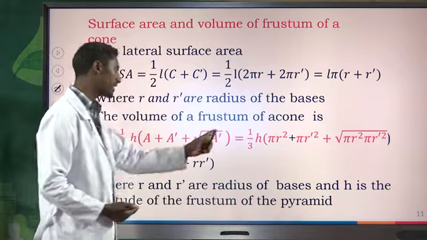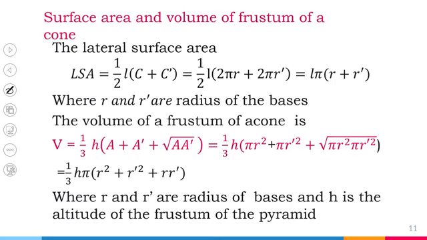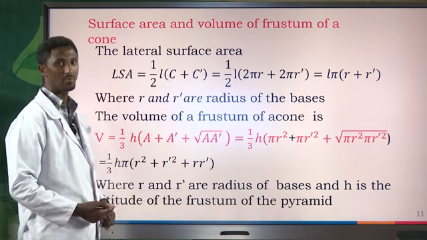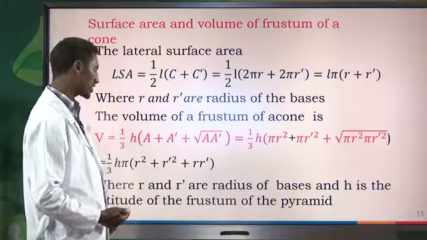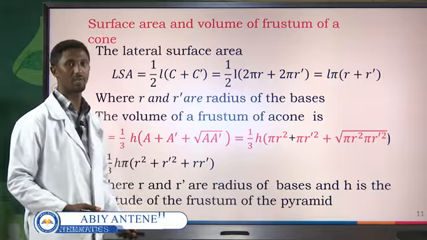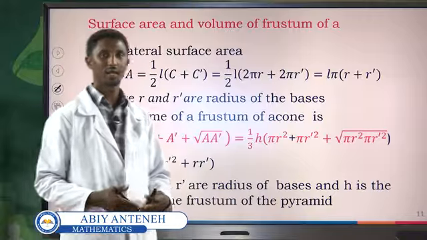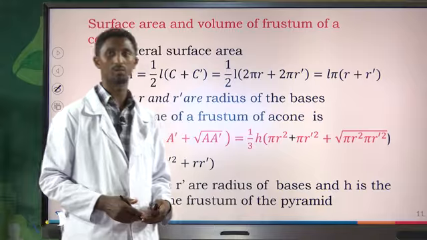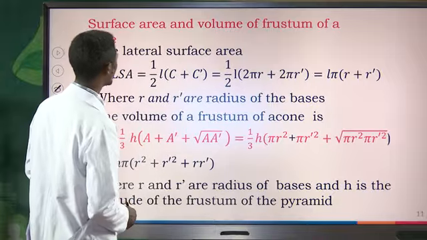If we simplify this, it reduces to this form: 1 over 3 times h times pi times (r squared plus r prime squared plus r times r prime), where r and r prime are the radii and h is the altitude of the frustum. So these are the formulas that make it easier to find the lateral surface area and volume of a right circular frustum of a cone.